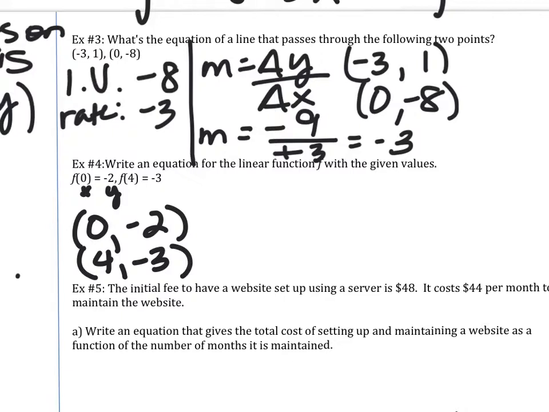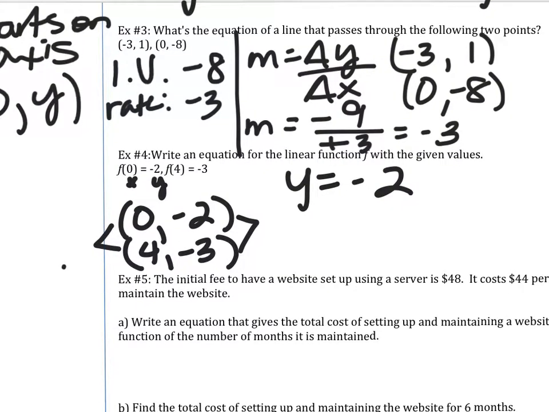So again, because you've got this 0, -2, that's going to be your starting point. So y equals -2. Now you just have to figure out your change, your slope. So you can do it just like this. So from 0 to 4, our horizontal change is increasing by 4, and our vertical change is decreasing by 1.